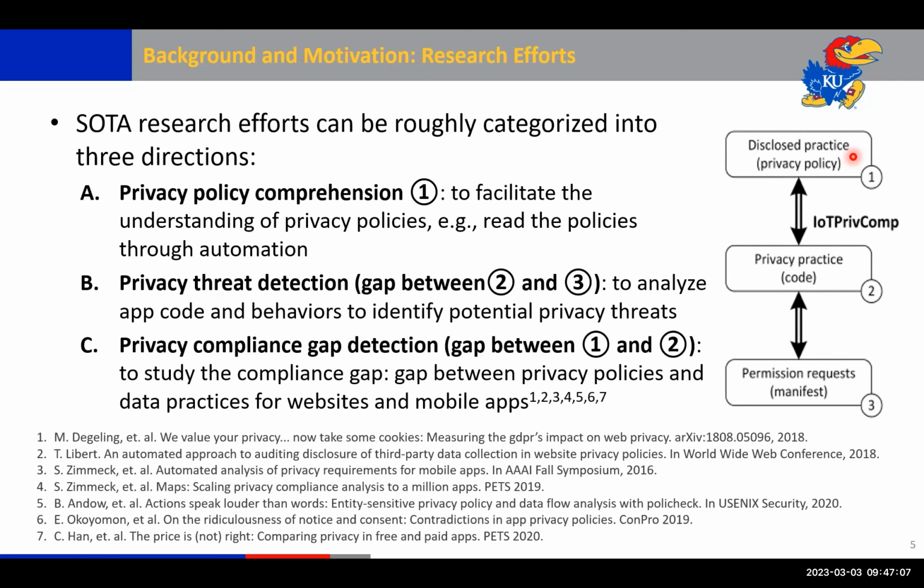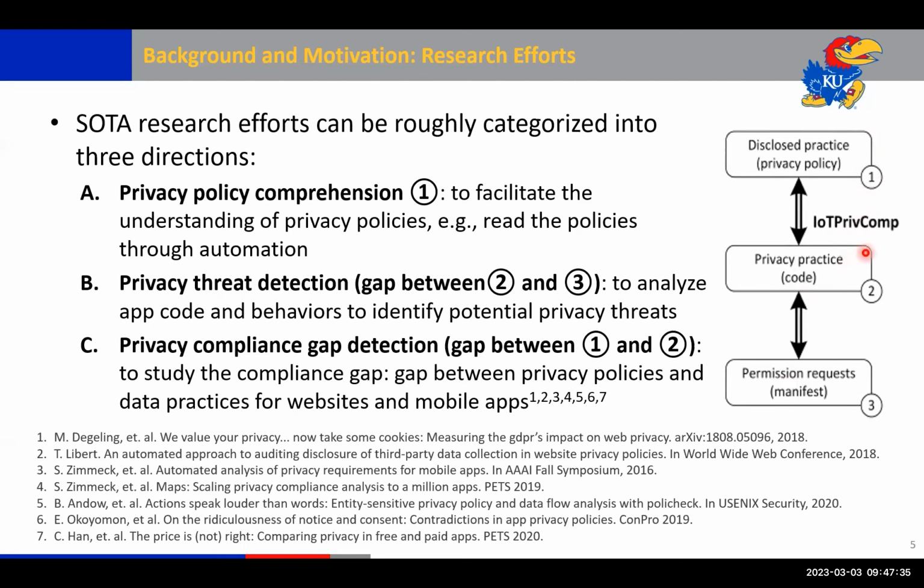Then number two is what the actual practices of the app are, and number three is what permissions the apps request while you're downloading and installing an app. The gap between 2 and 3 has been studied as well. What we are doing here is studying the gap between 1 and 2 through IoTPrivComp.